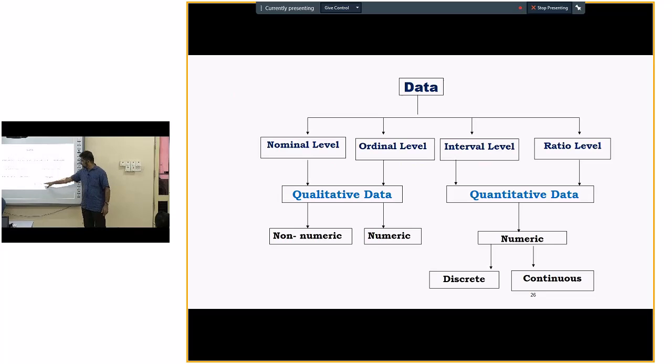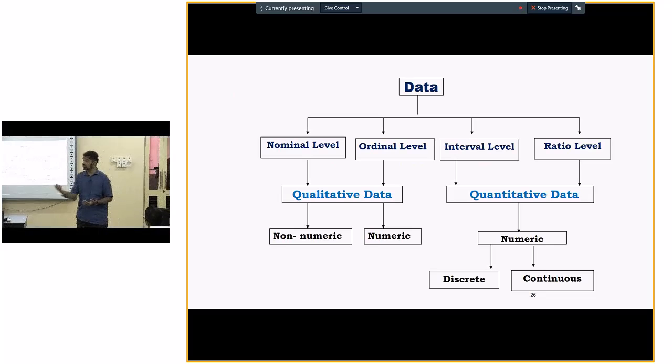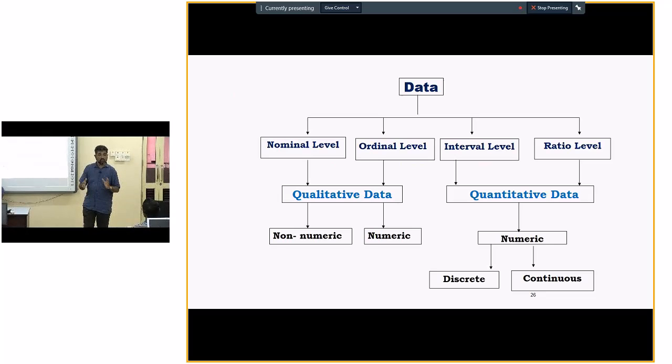Then numeric data we can divide into discrete and continuous. What is that? Discrete means countable numbers: number of students, number of customers, number of units, all are countable, right? Under a discrete variable we can see a difference between two integers, 1 and 2.